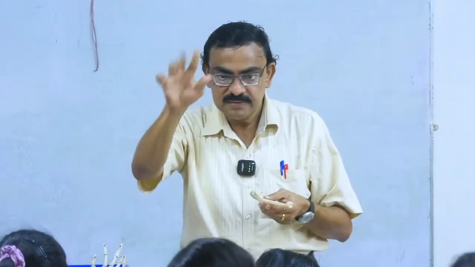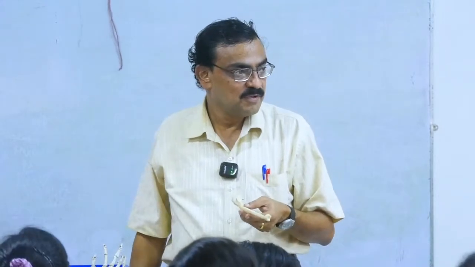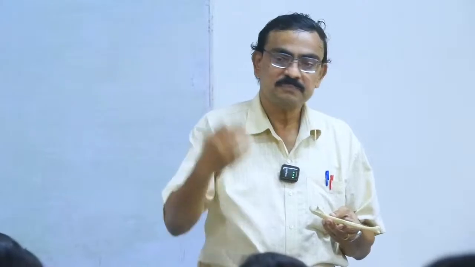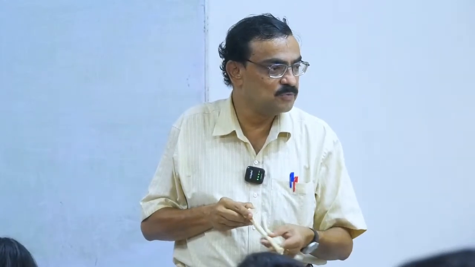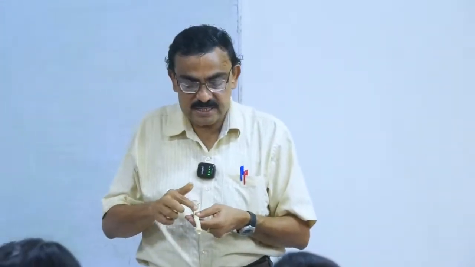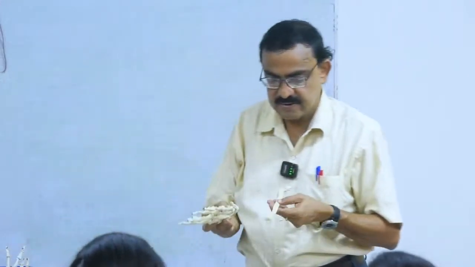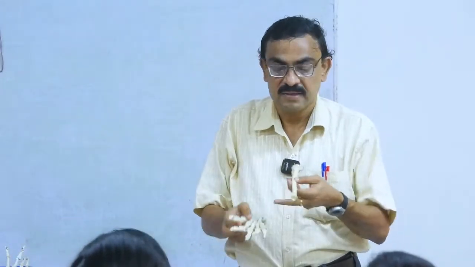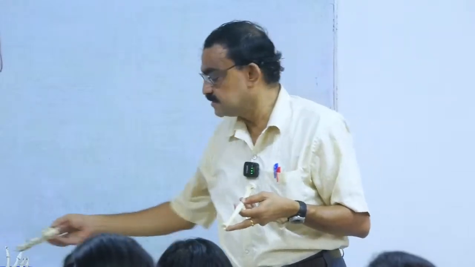The deep one is flexor digitorum profundus. It is intimately attached to the bone, the upper 3/4 of this area, and is ultimately inserted over the distal phalanx.